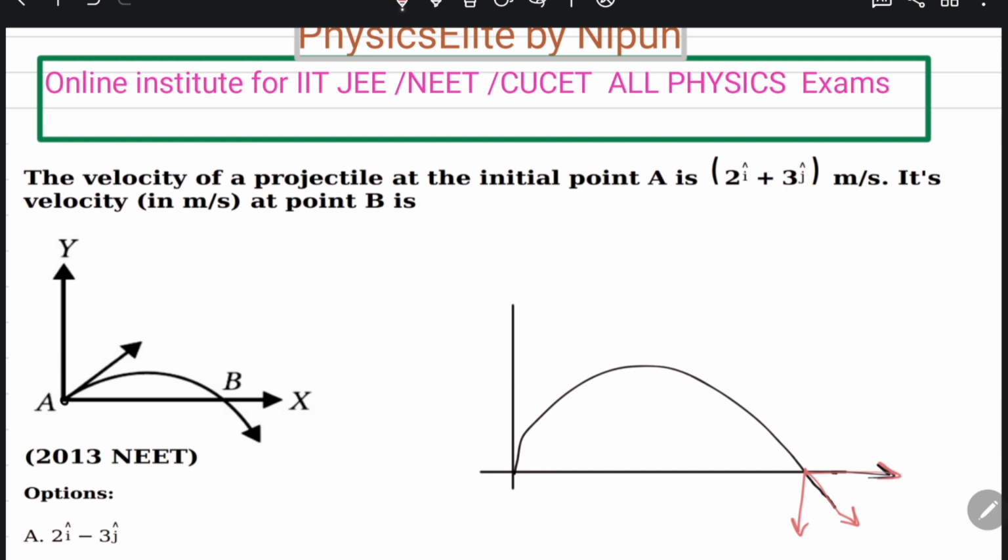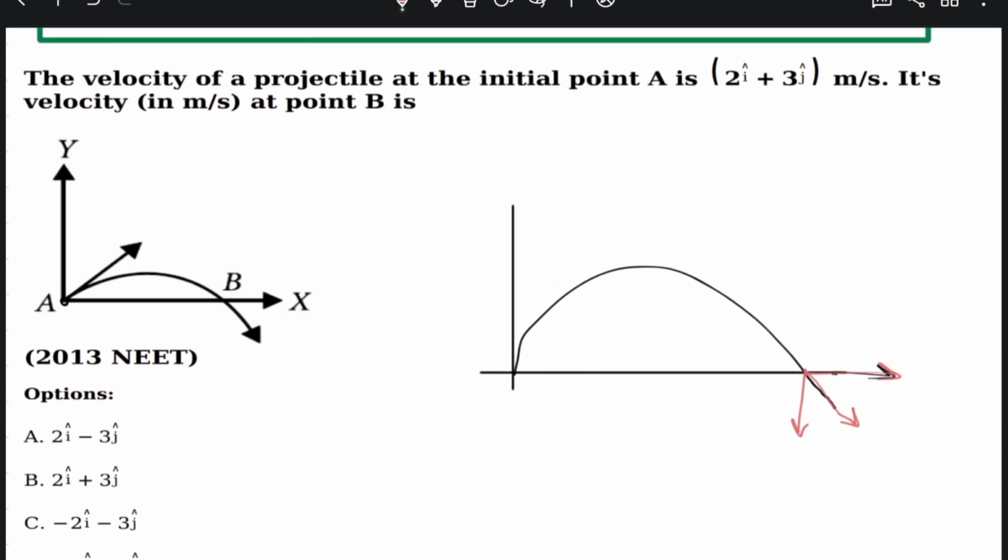You can resolve in component form. You see that the x component remains the same, and only the j component changes. So velocity at point P is 2 i cap and minus 3 j cap, so only the j component becomes negative. At point A, the velocity is 2 i cap plus 3 j cap.